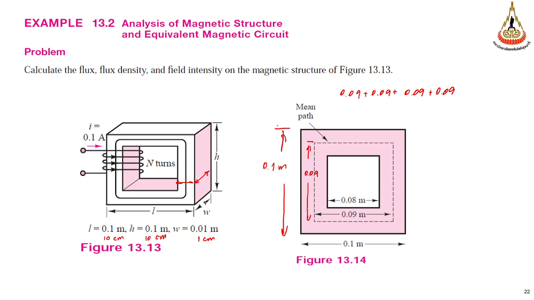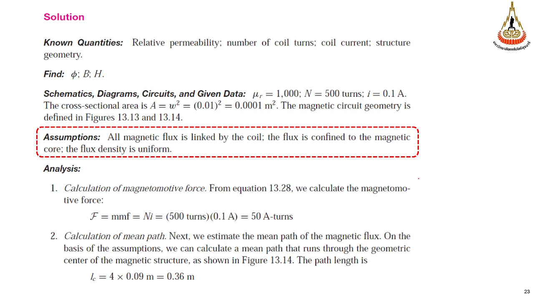This is 0.01, and this is also 0.01, and this is 0.01, this side. How much is the cross-section area? 0.01 squared, which is 0.0001 square meter. Okay.